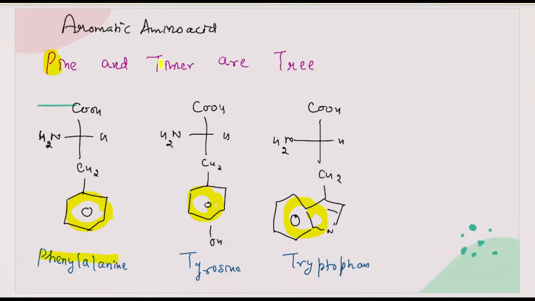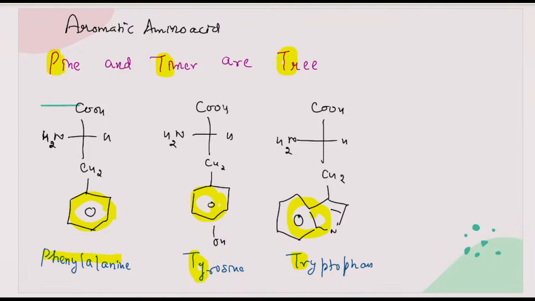T for timber, TI. So be noted, if it starts with TI, the name is TY, tyrosine. And if it is tree, it starts with tri, so it becomes tryptophan. This is a most common issue, how to differentiate between tryptophan and tyrosine. So timber, TI, that's why tyrosine, and tree means tryptophan.